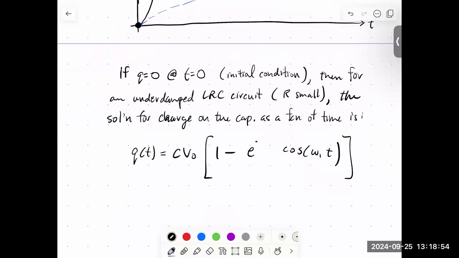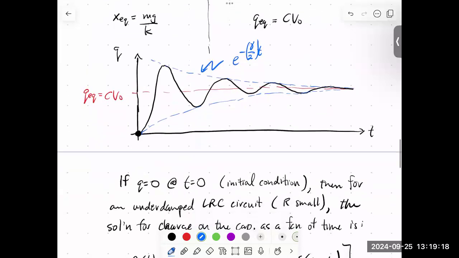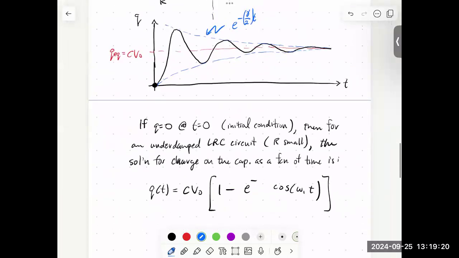Actually, I'm not going to write this as tau. That's correct, but I'm going to write it in a different way. It's still going to be this exponential decay, but I'm going to write it as e to the minus gamma over 2 times t.